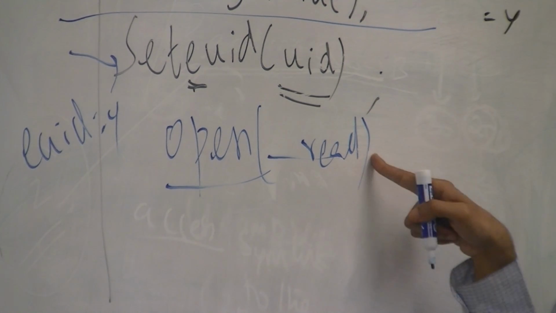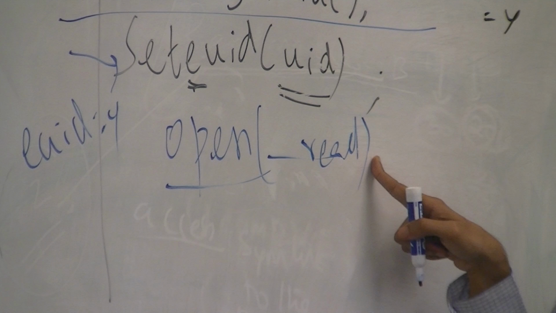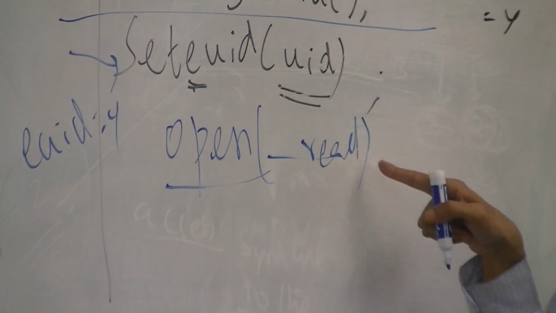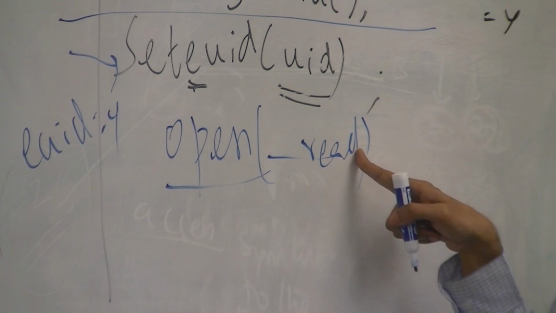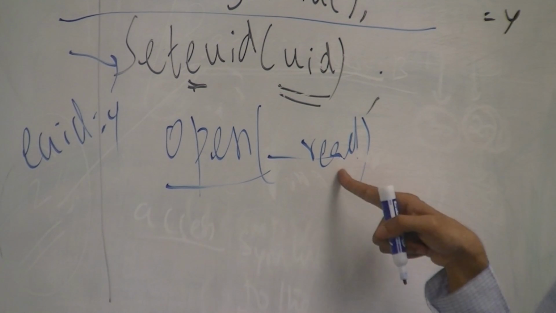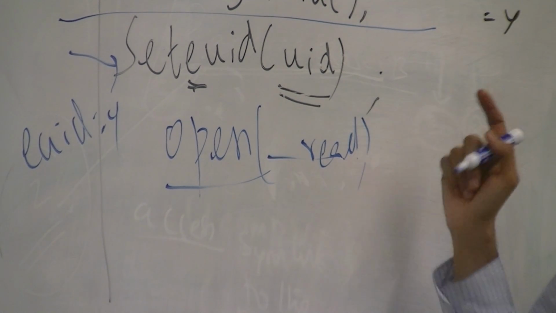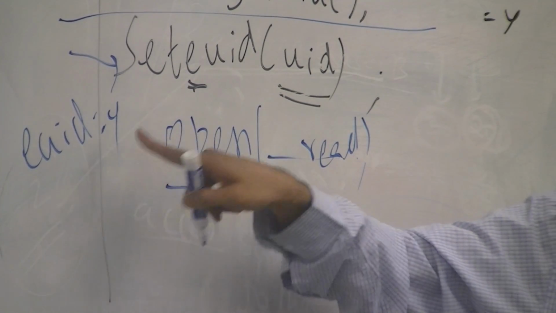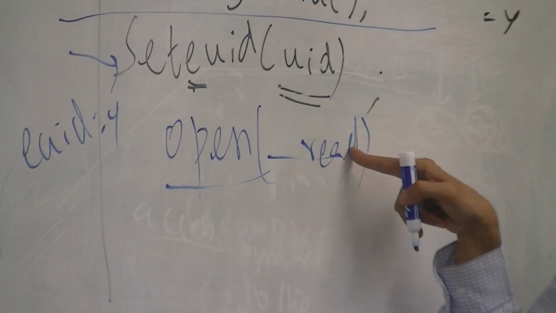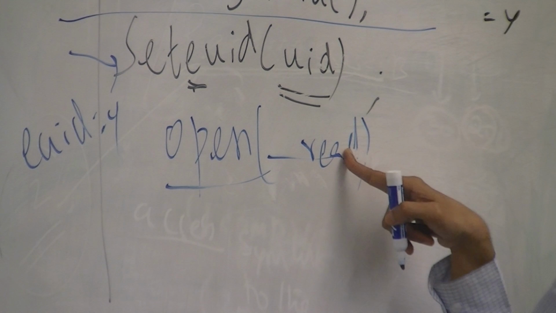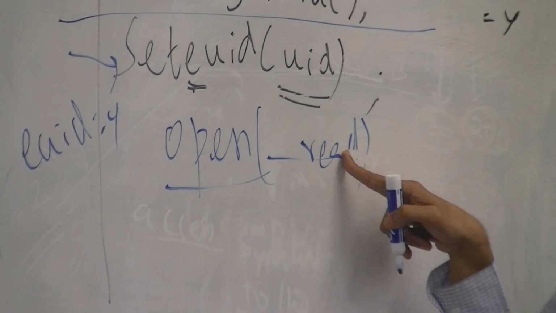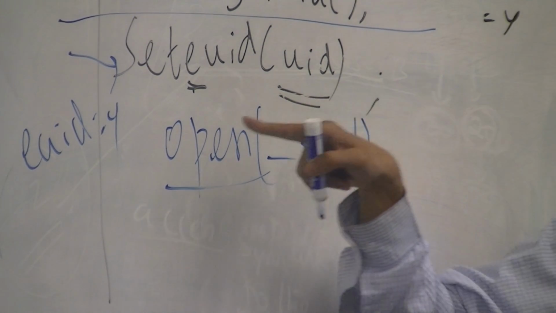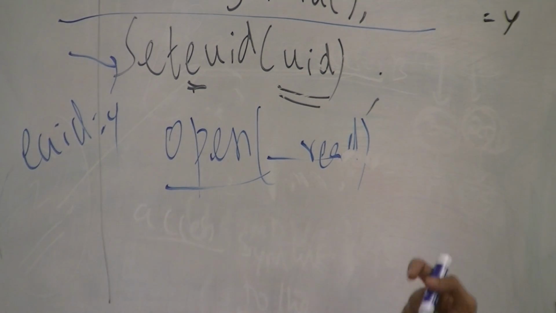If Y cannot read the file, it will be a failure, right? Because at this point, the effective user ID is not root. If it were root, root can open and read the file, yes. But at this point, since you are reducing the privilege, the effective user ID is user Y. If user Y cannot open the file, he cannot open the file.